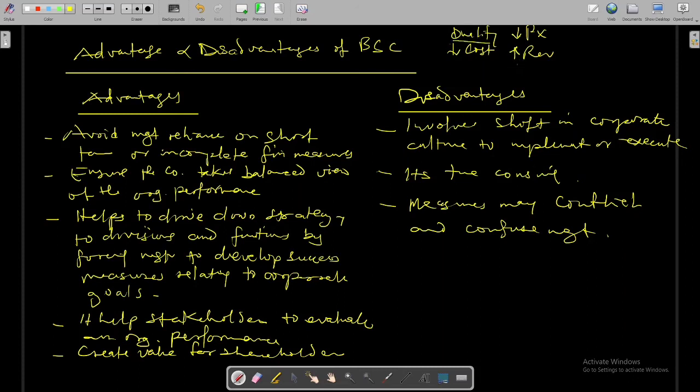Should they sacrifice quality for the revenue of shareholders, or should they sacrifice the price for the cost of shareholders? You realize that the customers want the quality product but are not prepared to pay more, but the shareholders want more. And so if they want more revenue, which the customers are not prepared to pay, then they should reduce the quality of the product in order to earn more. So measures may conflict and confuse management, and management might wonder which of these measures they should concentrate on.